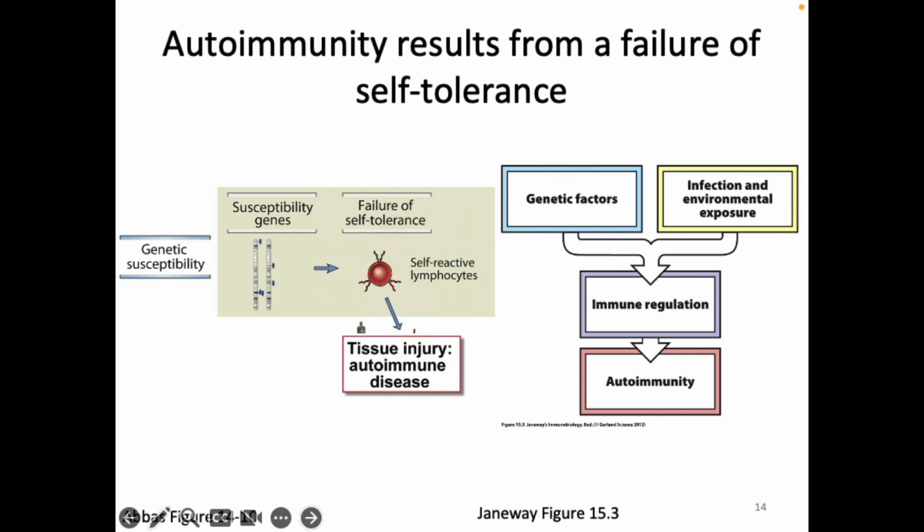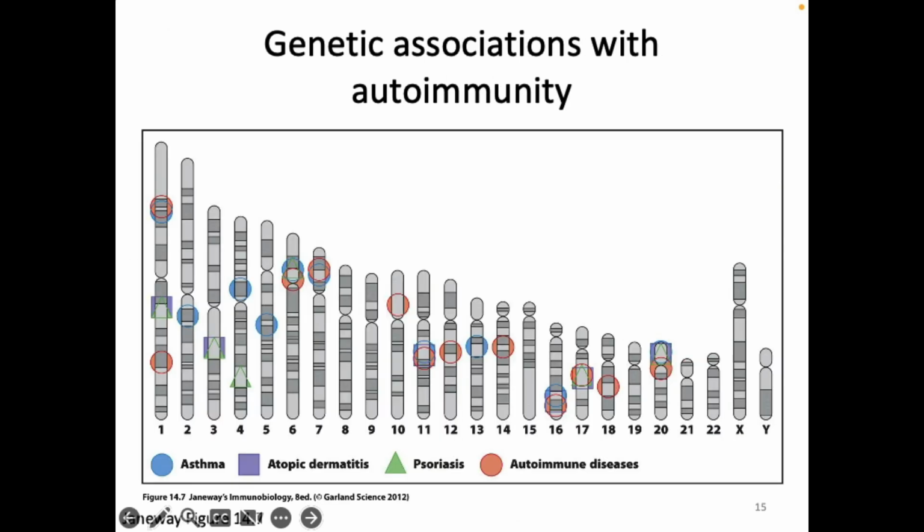I did a podcast yesterday about a really cool paper that was getting at both parts of this, in fact. And so people have done a lot of genetics studies where they have been looking at genes associated with autoimmunity.